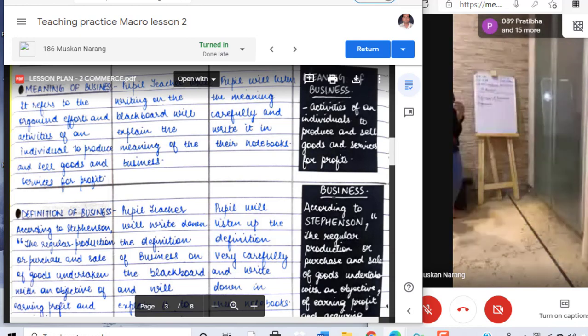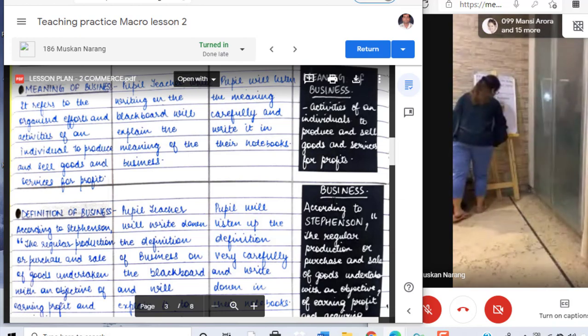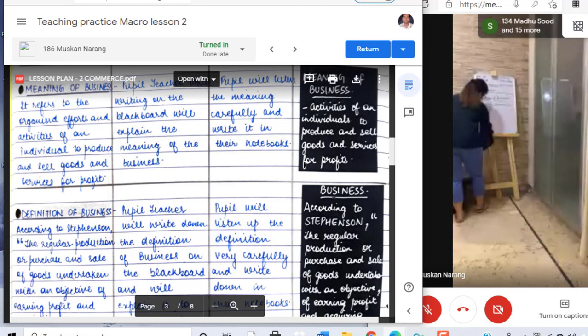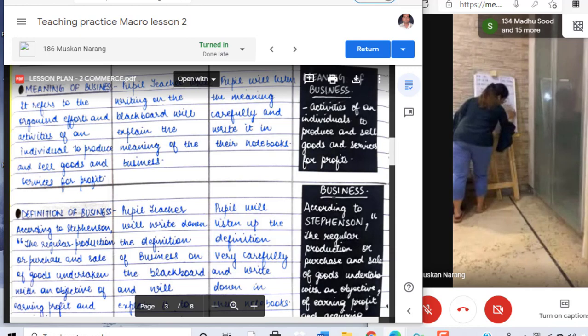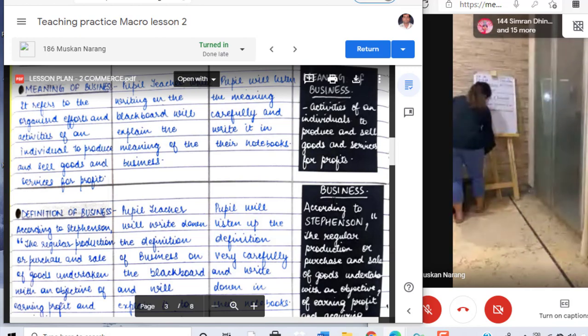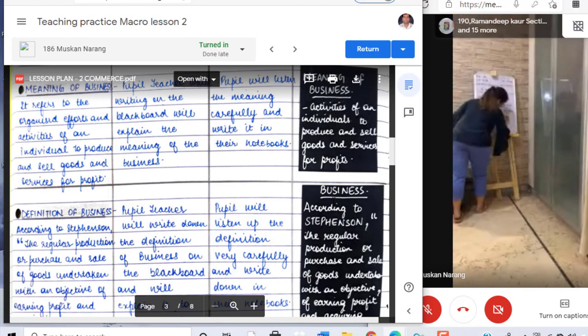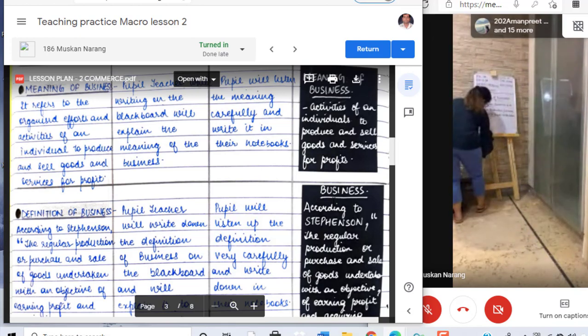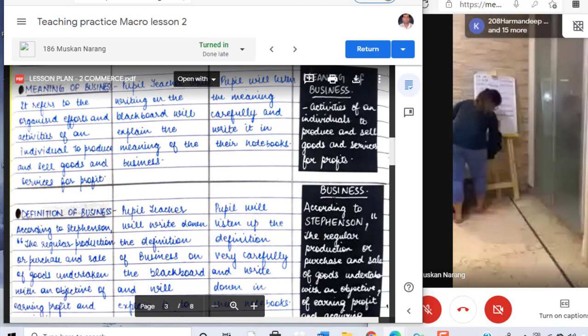What Stephenson has said is: business is a regular production, purchase and sale of goods undertaken to earn the profit or acquire the wealth.